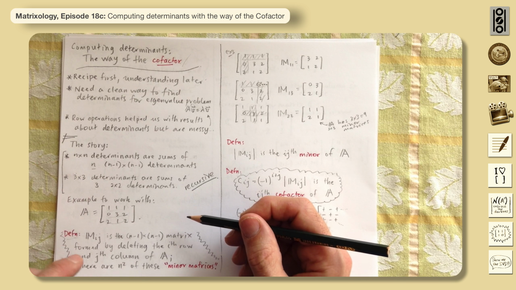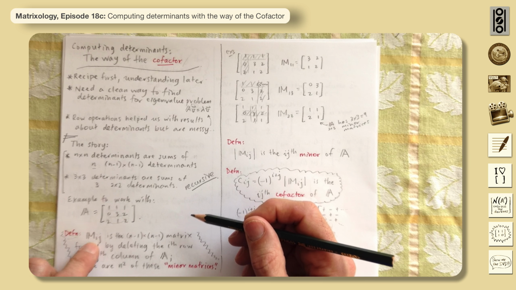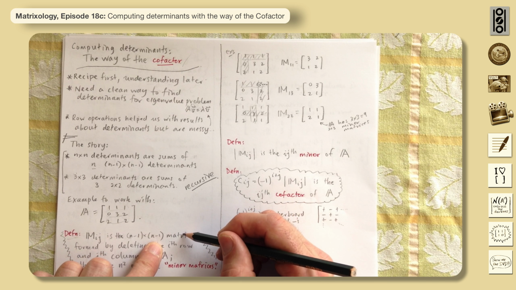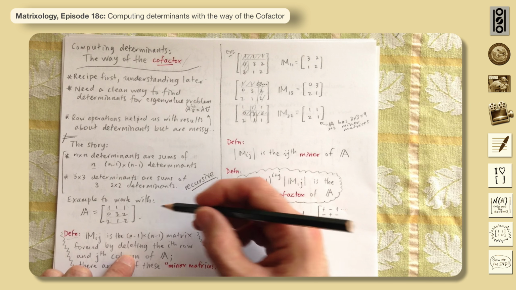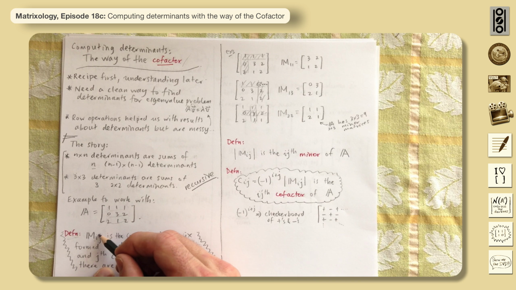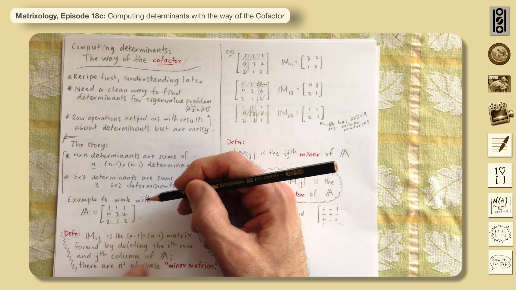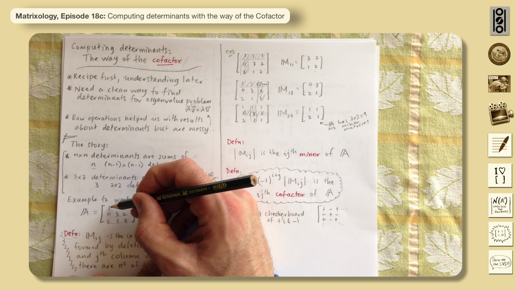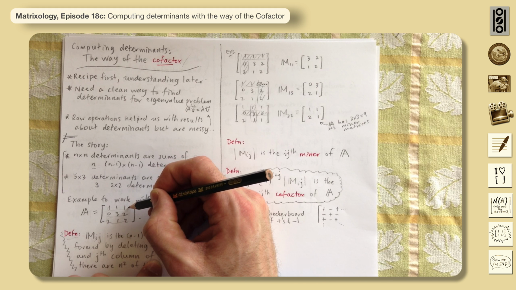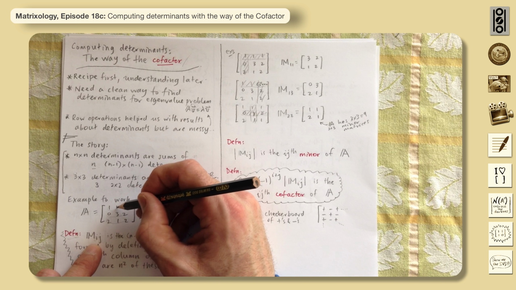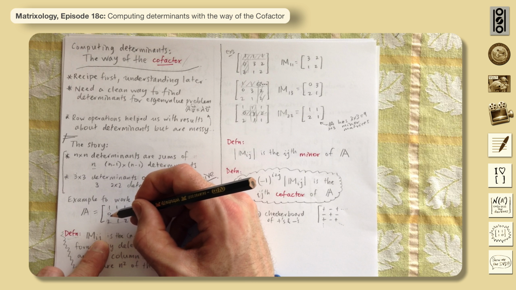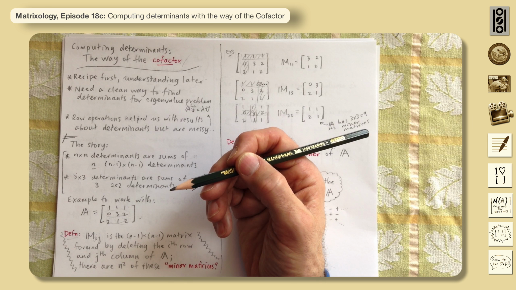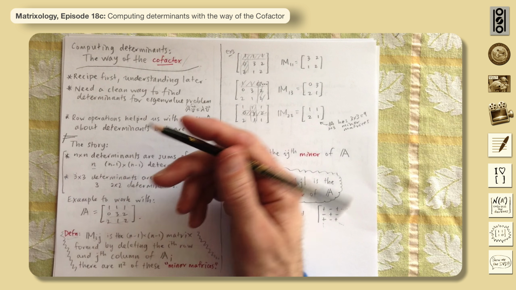We're going to define a bunch of things here, work through it, and give you a procedure. So this is an Mij. It's the (n minus 1) by (n minus 1) matrix formed by deleting the ith row and the jth column of A. If we take out the first row, that's i equals 1, and the first column, that's j equals 1, we're left with this little 2 by 2 matrix.